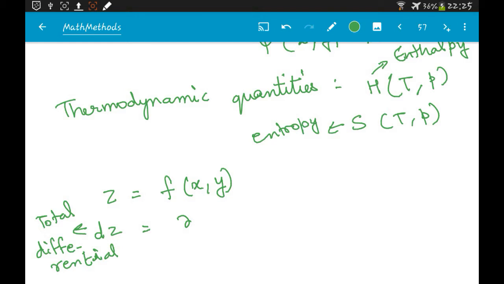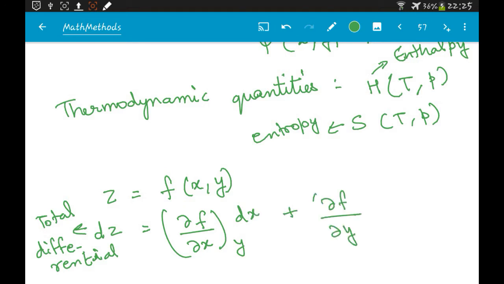So dz is equal to dou f by dou x at constant y into dx plus dou f by dou y at constant x into dy. So this is our total differential.